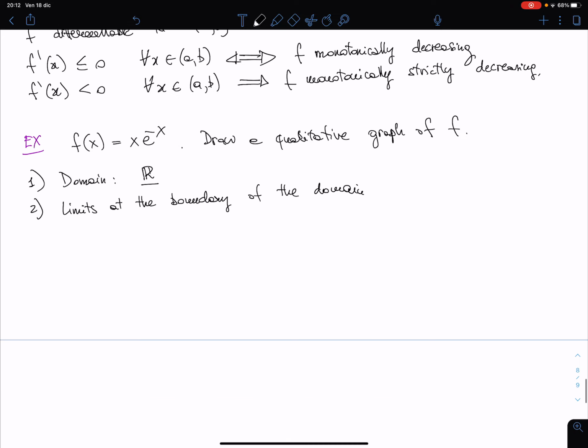So the boundaries of the domain are minus infinity and plus infinity.